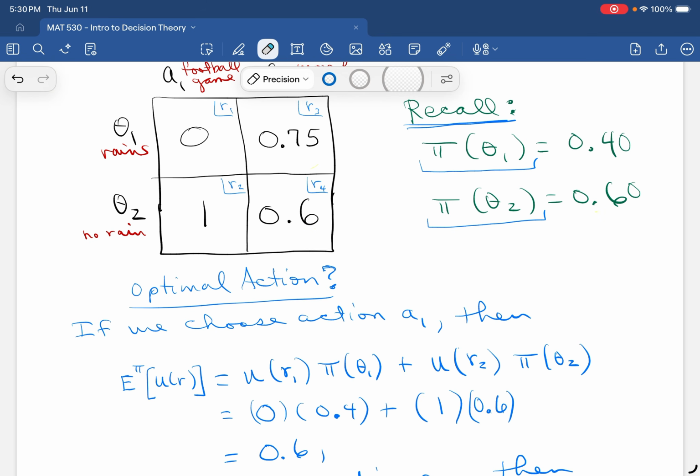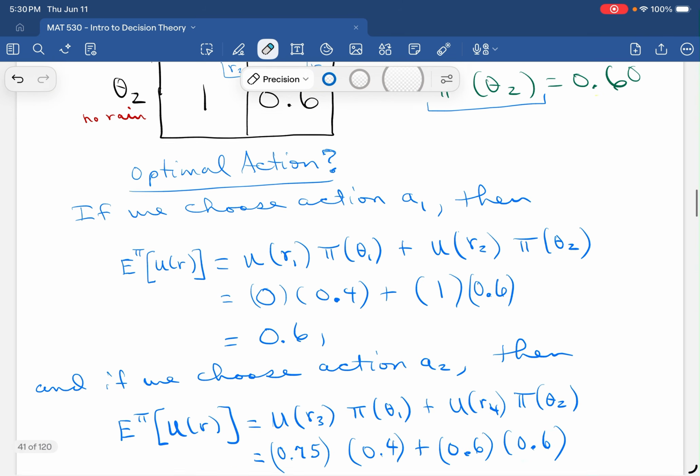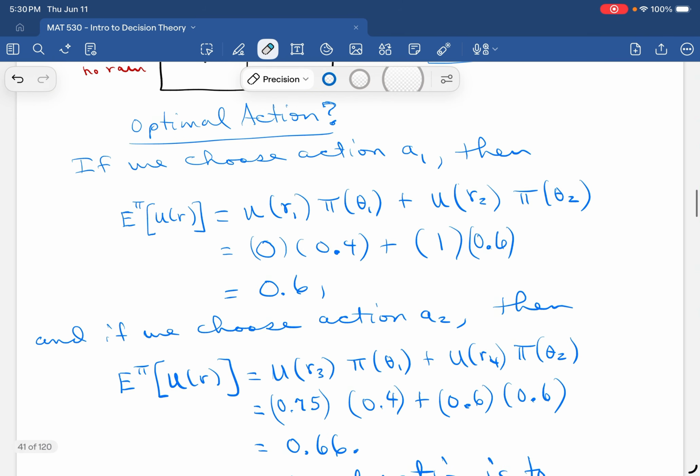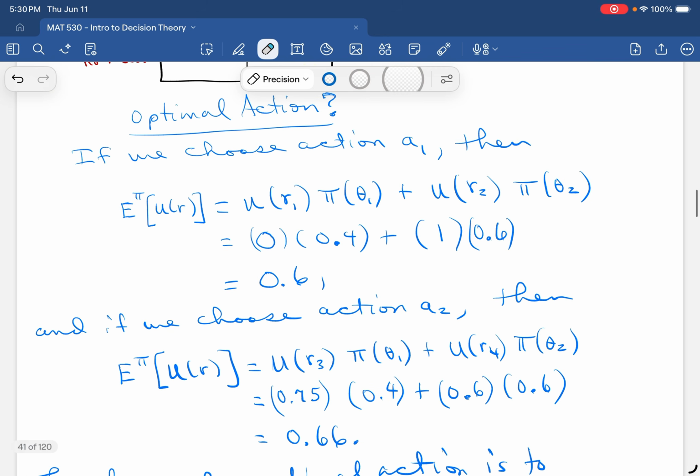Now let's look at the second column and see what the associated value is for action A2. So if we choose action A2, then we have the utility of R3 times the probability that it rains, plus the utility of R4 times the probability that it does not rain. And you see there that the expected utility is 0.66.